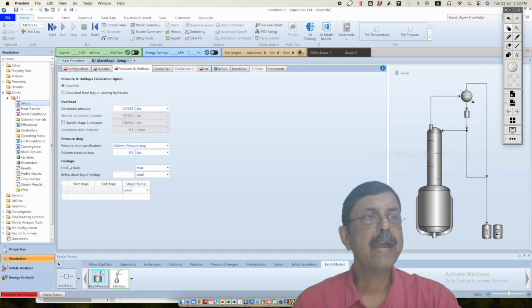And you have to provide the hold up of the system. So reflux drum liquid hold up you have to specify, and the stages, say starting stage.